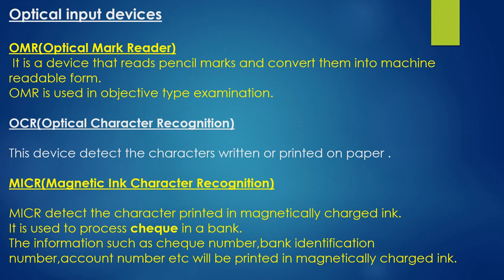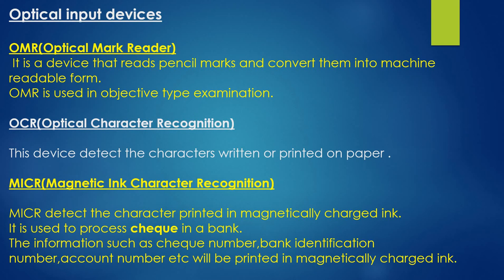Next, scanner or optical input devices: OMR, OCR and MICR. These OMR, OCR and MICR are scanners. Scanners are input devices. Then what is this OMR? OMR full form is optical mark reader.